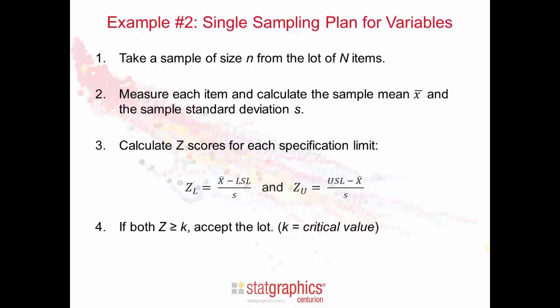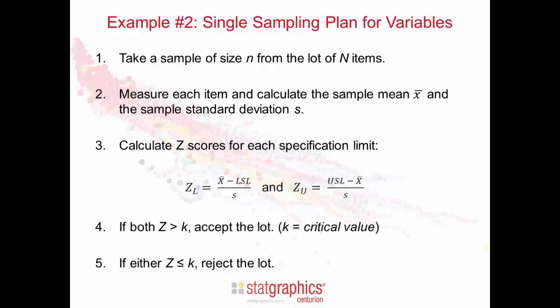Or in particular, if both z-scores, the one against the upper spec and the one against the lower spec, are greater or equal to some critical value k, I can accept the lot. Okay, but if either z is less than or equal to k, okay, I will reject the lot.